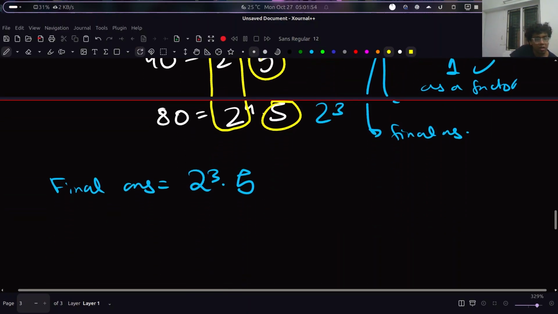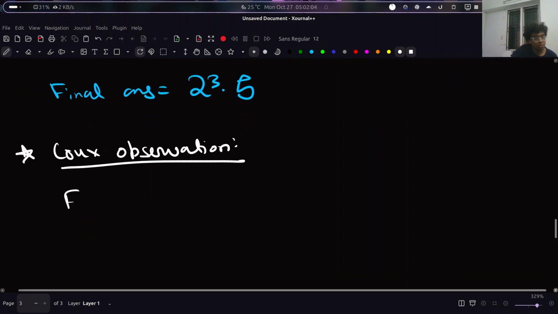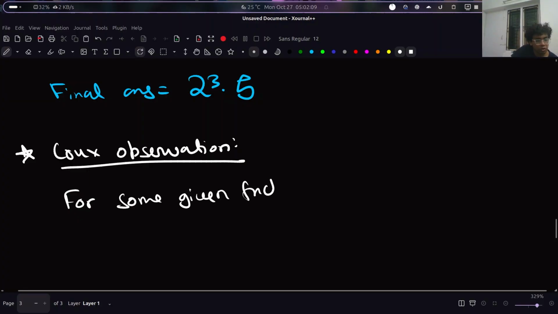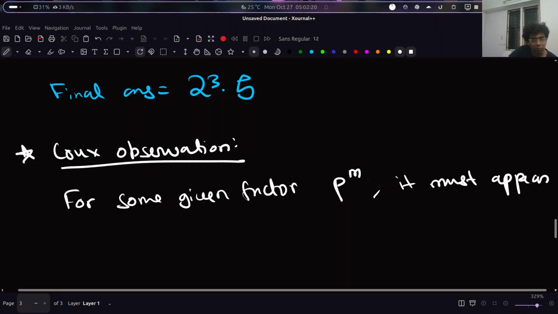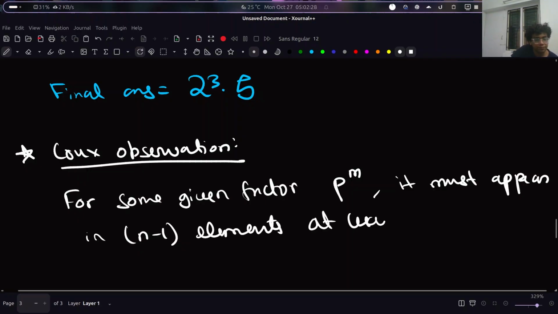So basically the major crux observation of this problem is, for some given factor, which is going to be some prime to the power m, it must appear in n minus 1 elements at least to appear in the final answer.